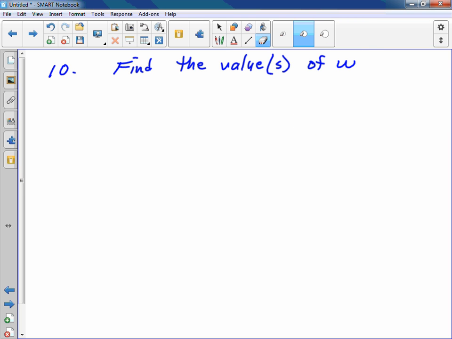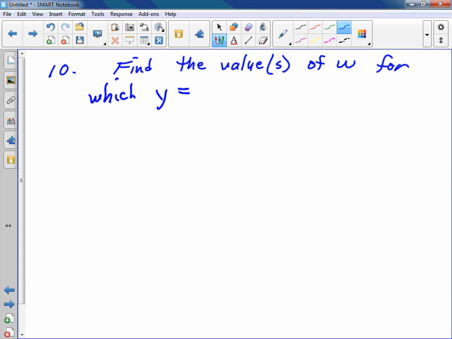So lowercase omega, for which y equals cosine omega t satisfies a second order differential equation.